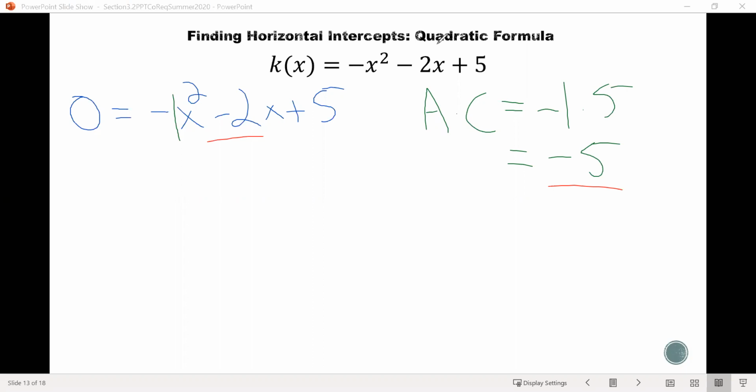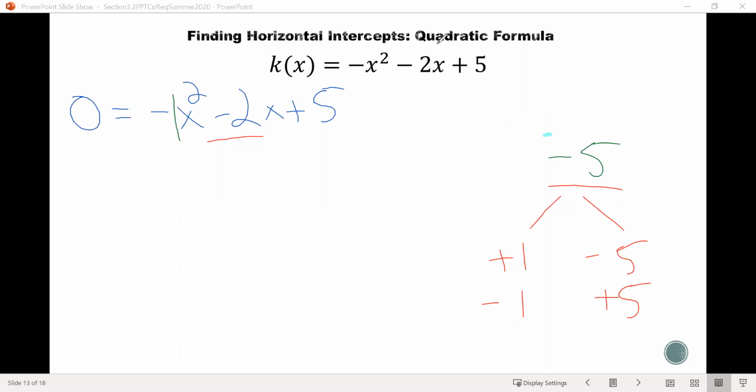Well, things that multiply to give us negative 5 are positive 1 and negative 5, or negative 1 and positive 5. Those are the only options, and we can never pick one of those pairs and get negative 2. So this shows us that this one does not factor.